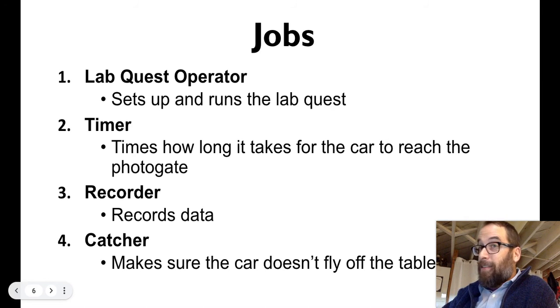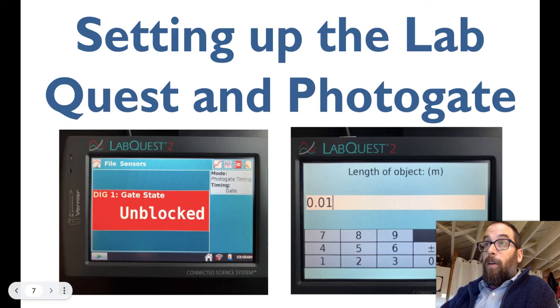And last thing I got to tell you, if you don't remember how to set up the LabQuest, okay, you can go back to the previous video. It tells you how to do it. But in short, if you look at your LabQuest and it says in this little gray box, photo gate timing and gate, and you click on this gray box and the length of the object shown is 0.01 meters, you're all good to go.